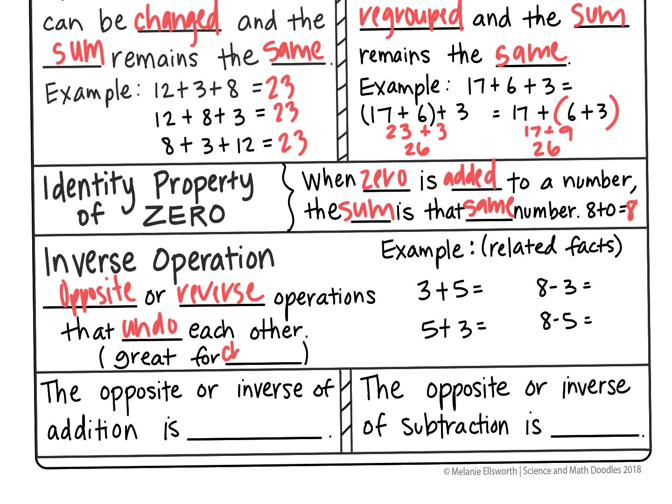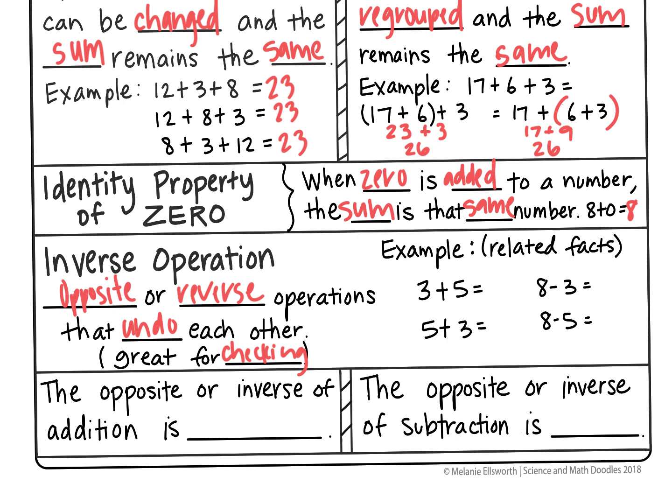This is what we use a lot of times when we are checking our work. So if I do long division and I get an answer, you can check to make sure. You can take your answer and multiply it by the divisor, and if you get what's in the dividend, then you know you did it right. So you can use the inverse operation a lot of times for checking things.